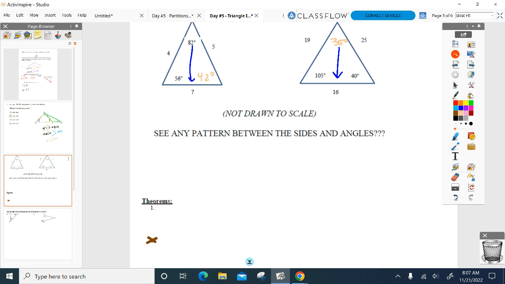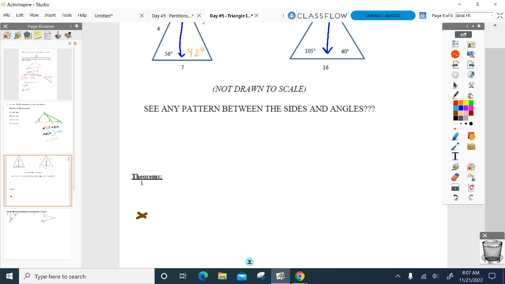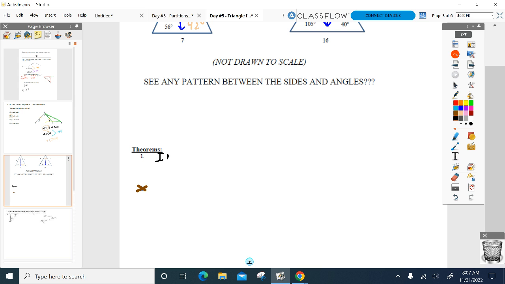All right, so here's your theorem. In a triangle, and again, you can replace biggest with smallest here. It doesn't matter. Biggest side is always across from the biggest angle.